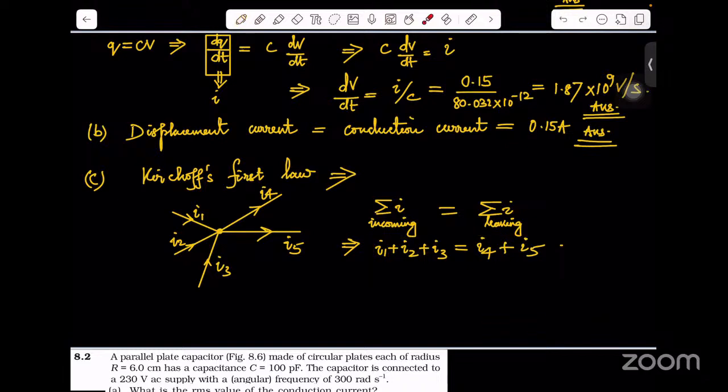Now I'll just introduce you to the concept of a pseudo vector. A vector is something which has both magnitude and direction. In this case, we are considering the direction of the current, because the incoming current and the outgoing current have some definite direction. In any circuit, we always mention the direction of a current, flowing to the left or right or wherever.